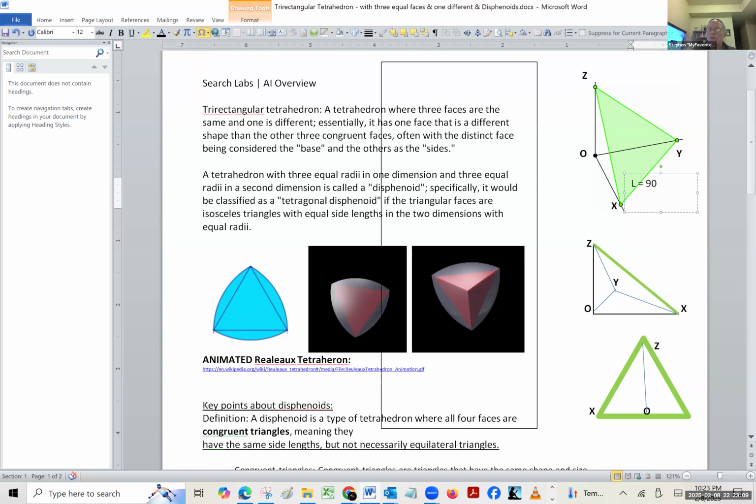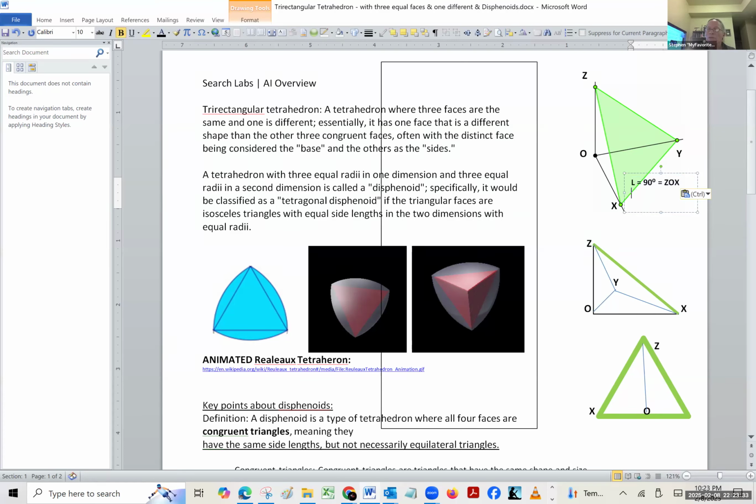And I'm just going to list all these 90-degree guys down here. 90 degrees is Z, O, and X. It says L equals angle. And I'll do this, and I'll do that.